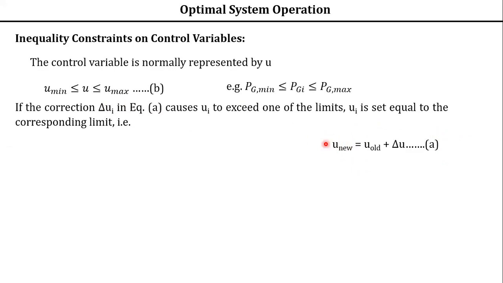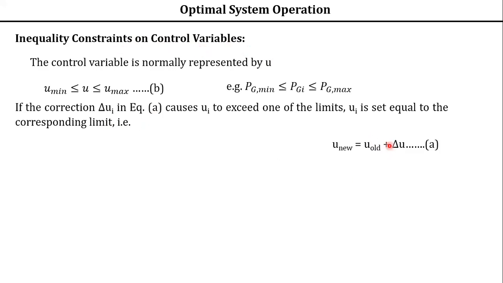Now in this one, what happens? The addition of delta u to the old value of u causes your ui to exceed any one of the limits. It may exceed the lower limit or upper limit. Understood? In such cases, what we should do? So here we are discussing inequality constraints on control variables.